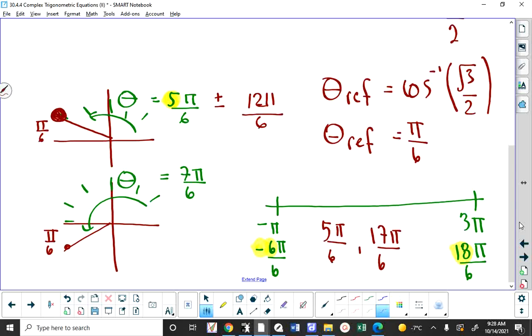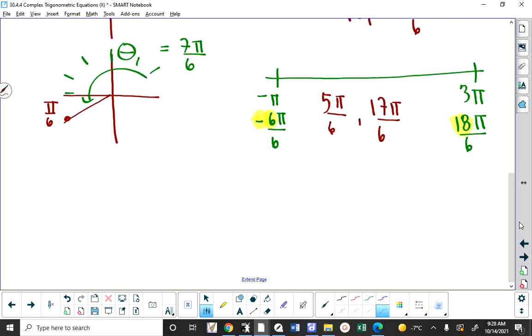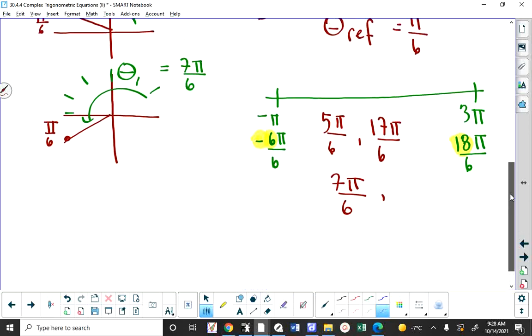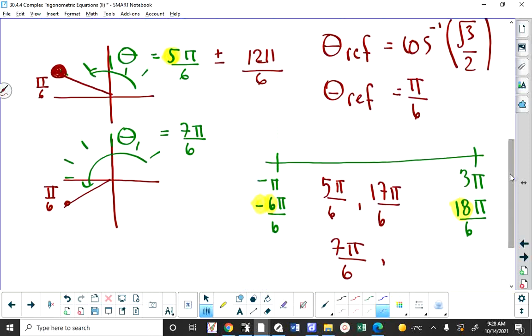Now, so we're done with that. Now we look at 7 pi over 6. Is 7 pi over 6 in here? Well, yeah, 7 is between negative 6 and 18, so we also have 7 pi over 6. What if we add a full revolution? What if we take 7 pi over 6 plus 12 pi over 6?